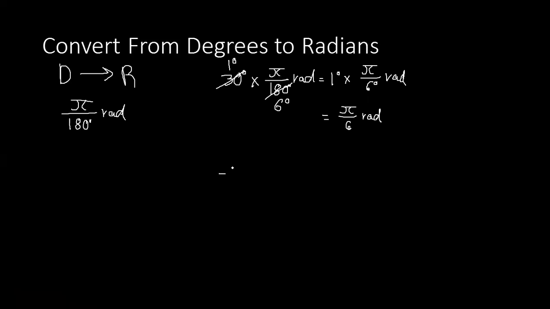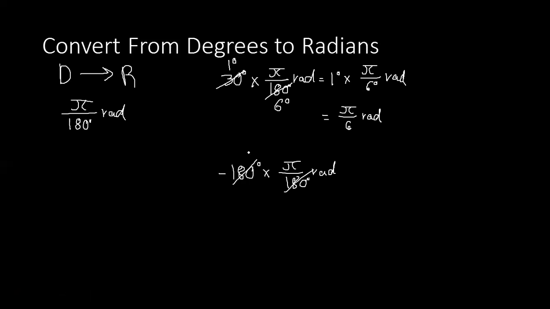So now let's continue. We have negative 180 degrees. All right. So here, the same thing, we're just going to multiply the given angle with this one. So we have pi all over 180 degrees radian. Since we have the numerical value of 180 degrees on the top and on the bottom, we can actually cancel this one out.